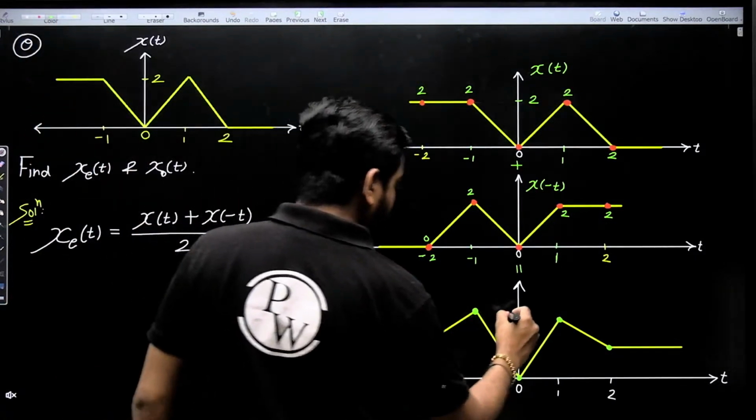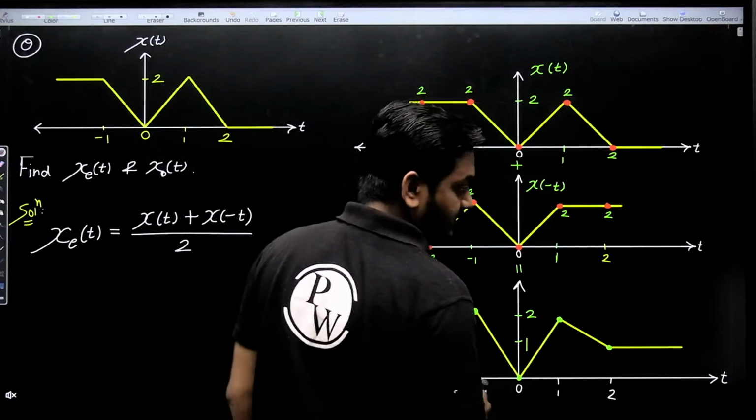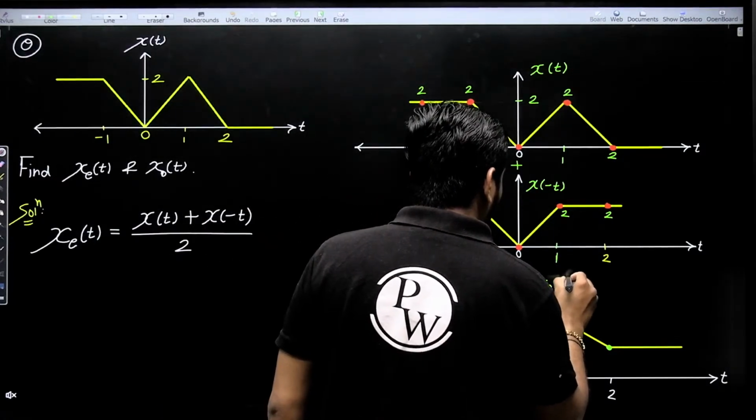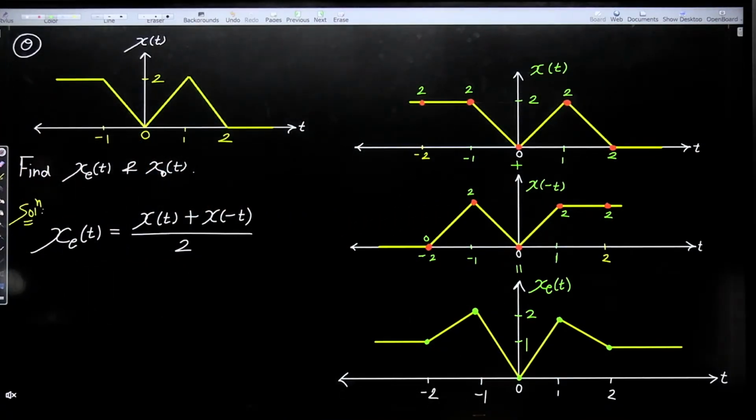So this amplitude is 2, guys, this amplitude is 1. So this is even part, the even part of the given signal, fine, even part.